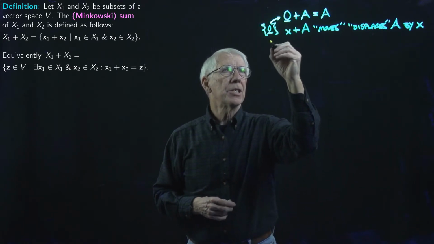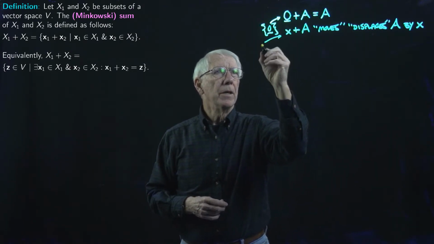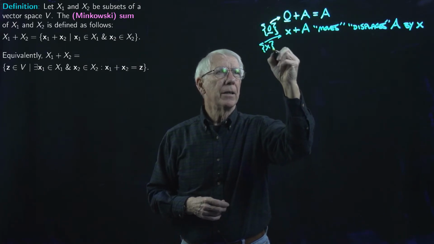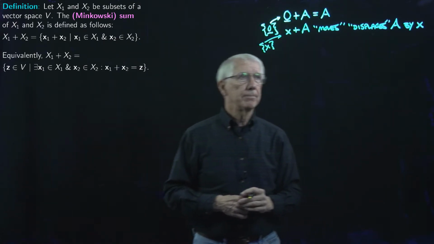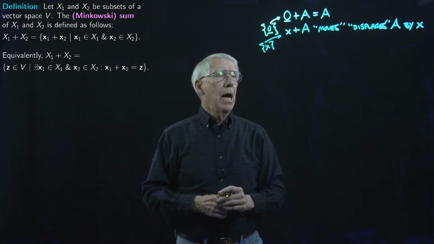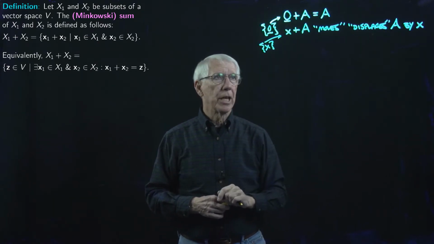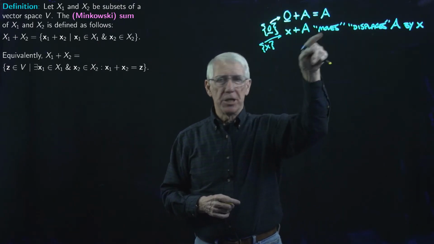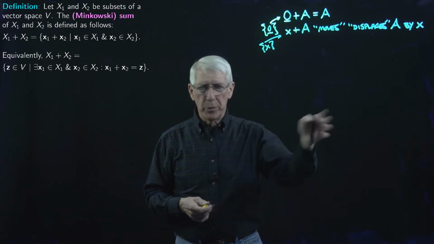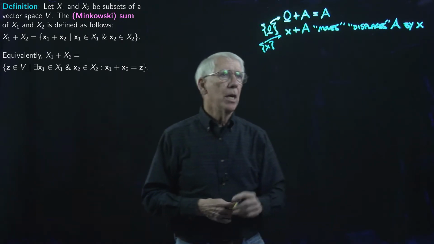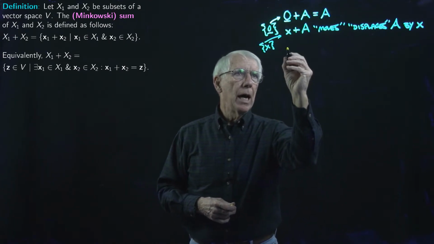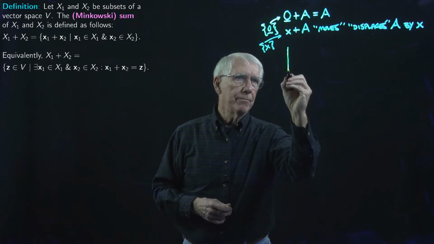Again, this is the singleton set consisting of just x. So let's actually see how that works. And we're going to be doing this, as I said, with sets in R2, so we can draw pictures and diagrams. So let's start off this way.